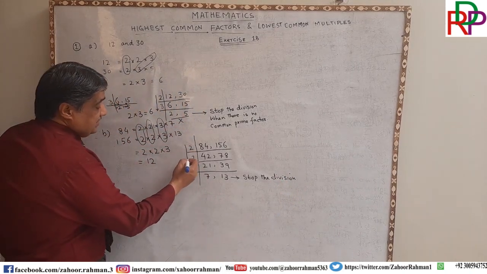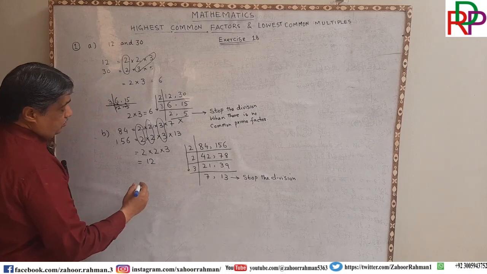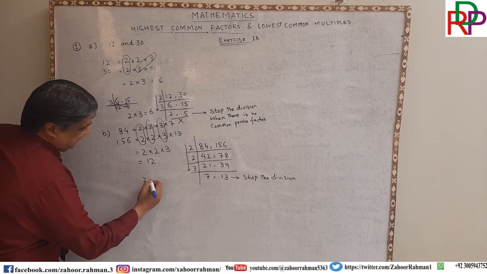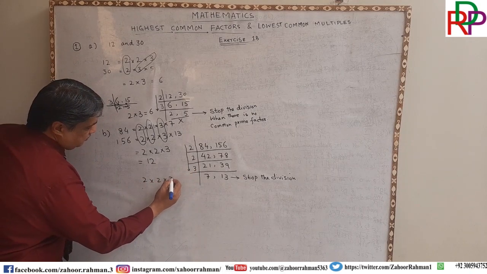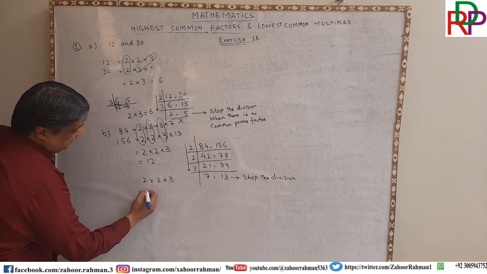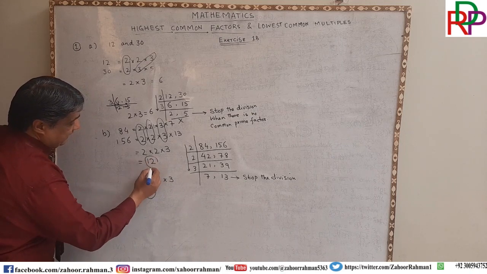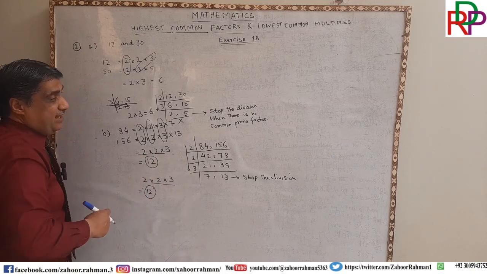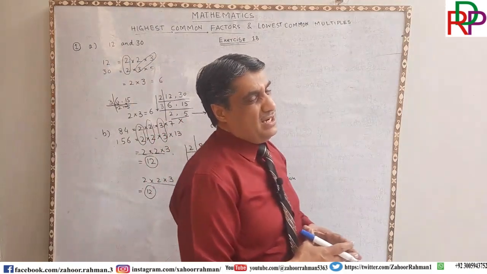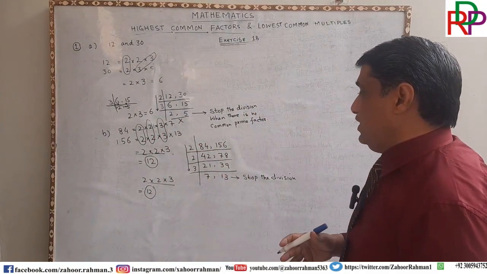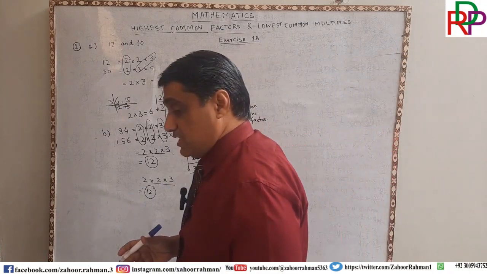Only these values will be included in the answer, again 2 multiplied by 2 multiplied by 3, and that is the answer 12. So there are two methods through which we can do all these questions.